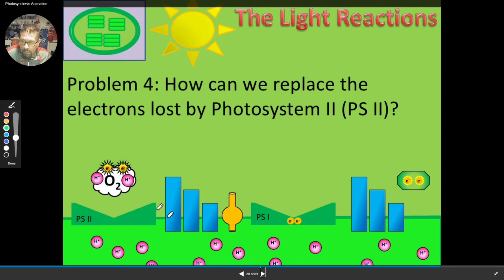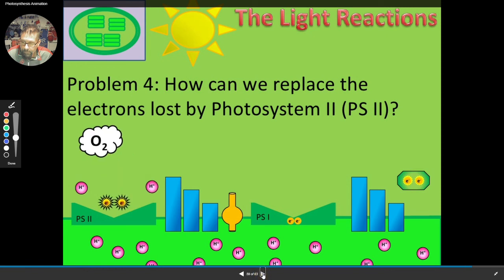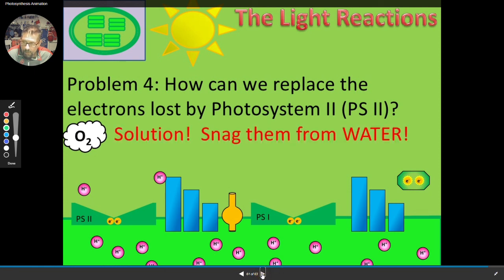And then, there we go. We're taking those H's and those electrons, and they're going to go down here. And that bad boy right there is going to be released out into the atmosphere. And there you can see that the O2 is truly releasing.